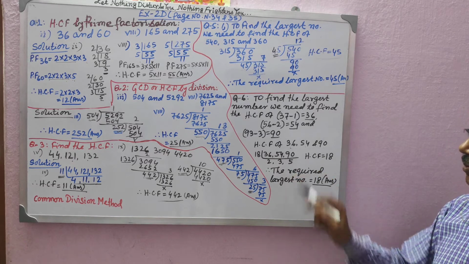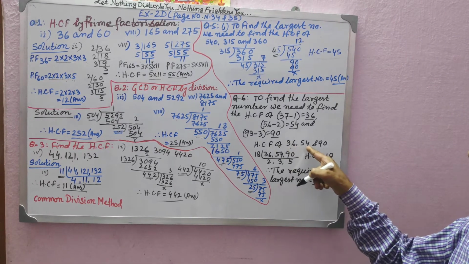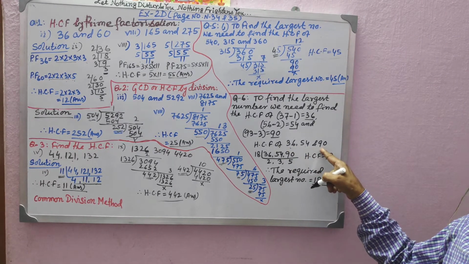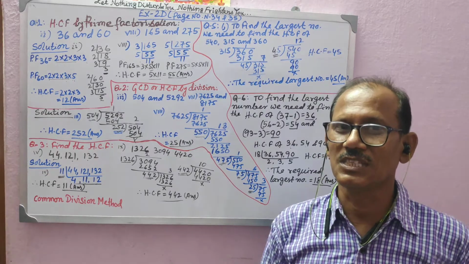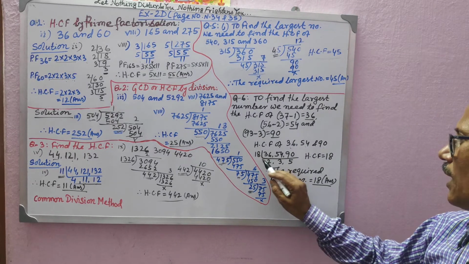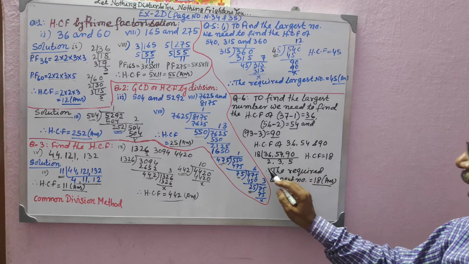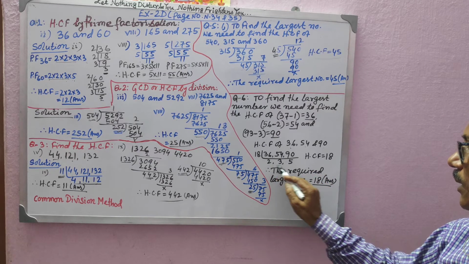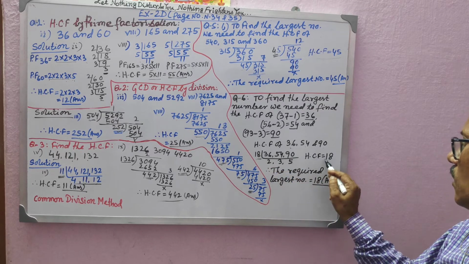You don't have to go for 2 then 3, because 18 twos are 36, 18 threes are 54 and 18 fives are 90. If you are thorough in multiplication, all this easiness will come. So 18, one operation is over. Here the three quotients 2, 3, 5 are prime numbers, so your division is over. So 18 is the common divisor and will be accepted.